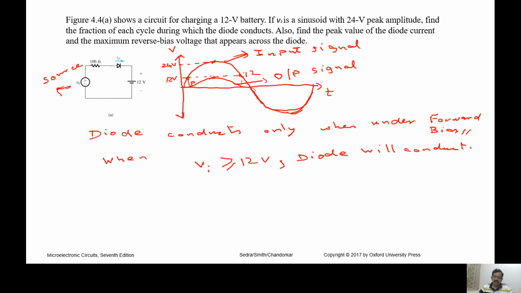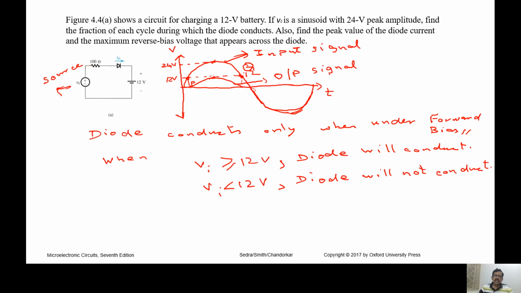For all voltages below 12 volt, the diode will not conduct. So let us say there is a point P, I told you this point is P, and this point is Q. We can clearly see that below 12, from here to here, the diode will not conduct.